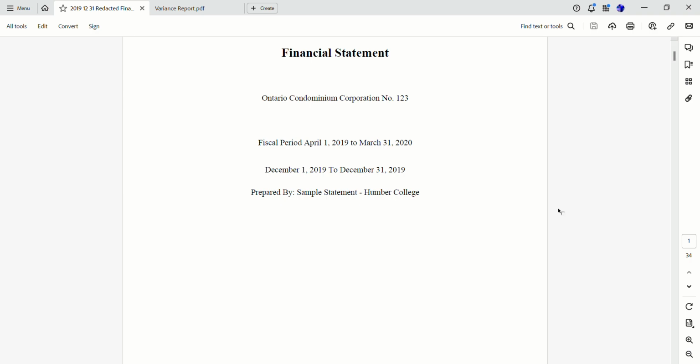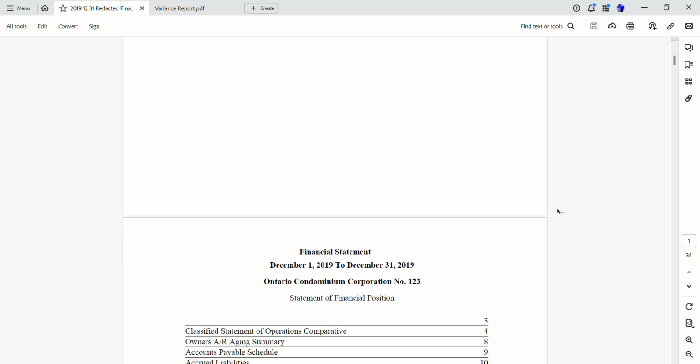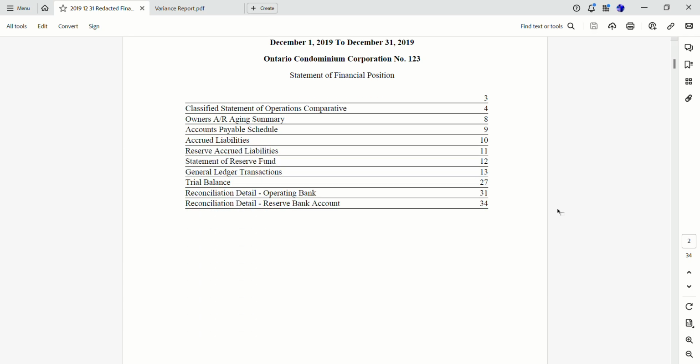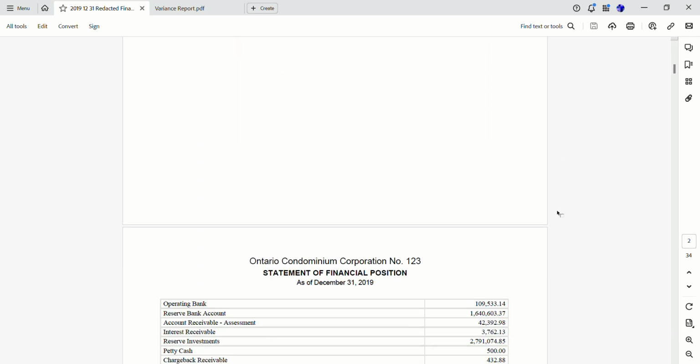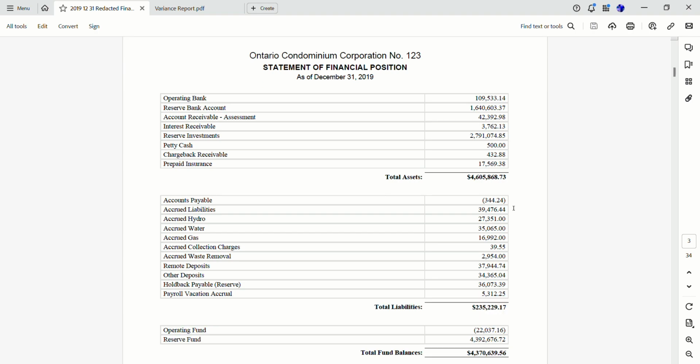At the beginning, when we want to see the financial statement, we move to page number 3. Here we can see the statement of financial position, which shows our current total asset and total liability, and total asset less total liability is the corporation's current equity.